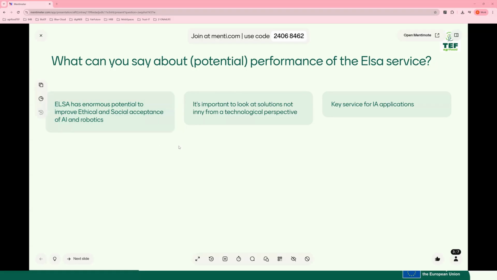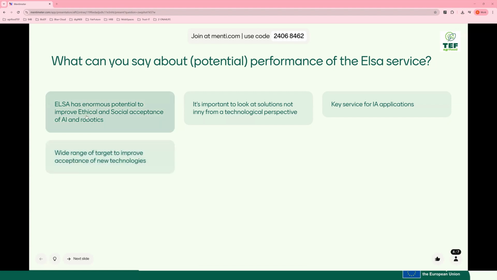So what I was mentioning were the different comments that people were writing here. The first one is about the potential that ELSA has in terms of ethical and social acceptance of AI and robotics. Then that it is important to look at the solutions not only from a technological perspective, and that it is also a key service for artificial intelligence applications.